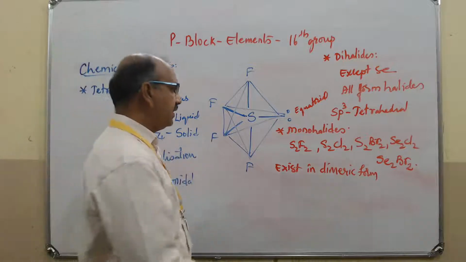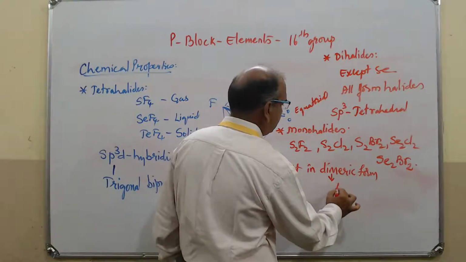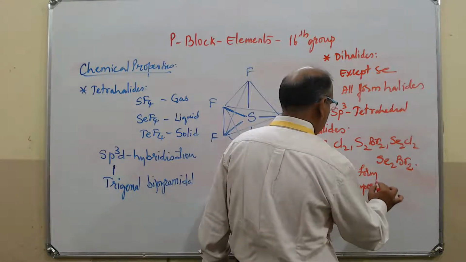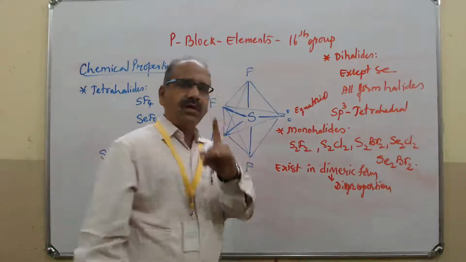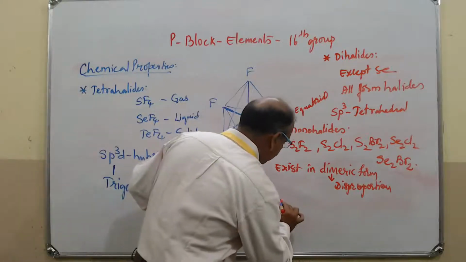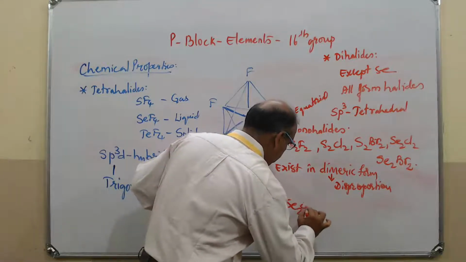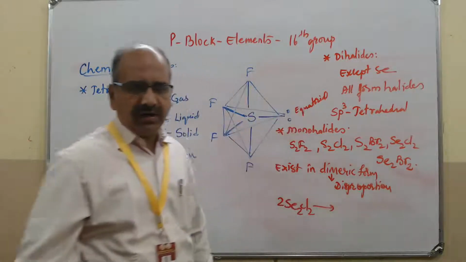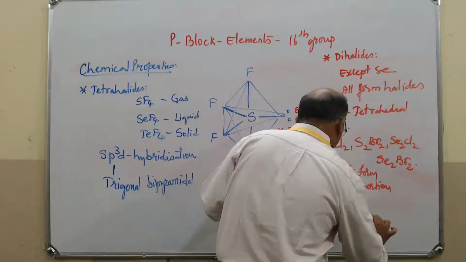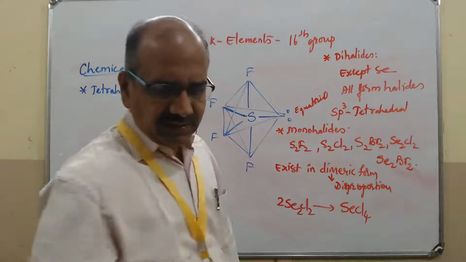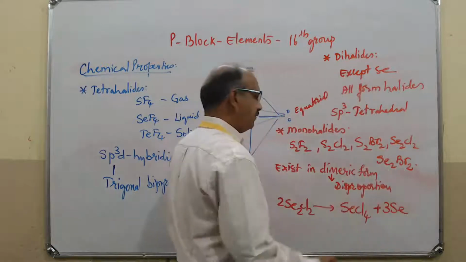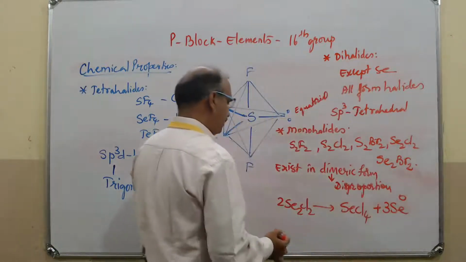These dimeric halides undergo disproportionation in reactions. Disproportionation means from one oxidation state, it moves to two or more oxidation states. One example: 2 Se2Cl2 will give selenium tetrachloride, SeCl4, plus Se. Here the oxidation state of selenium is 0.